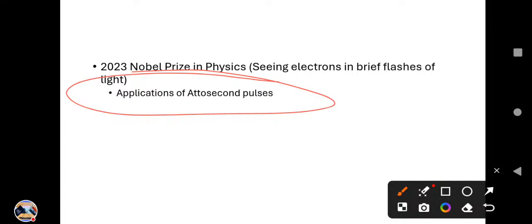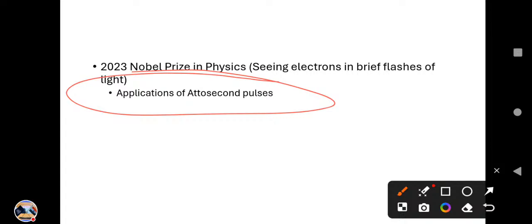These attosecond pulses can be used to develop faster electronic devices like microprocessors. Catalysis: studying ultrafast chemical reactions with attosecond precision contributes to improving catalytic processes in chemistry, for example investigating catalysts for cleaner energy production. So these are some applications related to attoseconds.